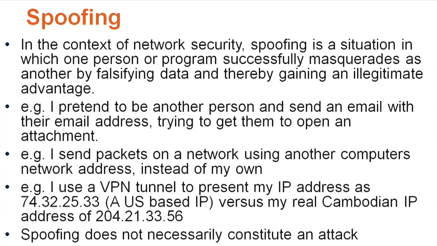So if you're overseas and you want to watch Netflix, you can use something like Private Internet Access, any kind of a VPN tunnel, and then connect from a US-based IP address, and then you can stream Netflix overseas, no problem. So this is how that works. So spoofing in that sense, you're not attacking Netflix, you're just using what you pay for overseas, and they're none the wiser. Just because spoofing is occurring doesn't mean it's necessarily an attack.